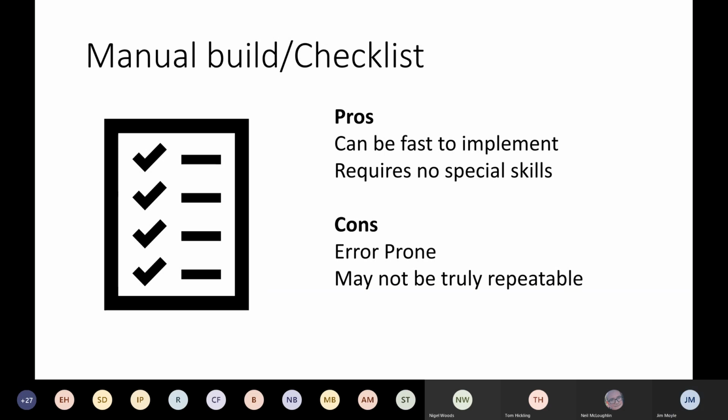Now, everybody knows that very recently this year, people have rushed to desktop virtualization. And it's the one occasion where speed has been more appropriate than doing things right, shall we say. And I've seen a lot of people go into this with a manual build or a checklist build because of that speed which was necessary to stand up that remote working infrastructure.